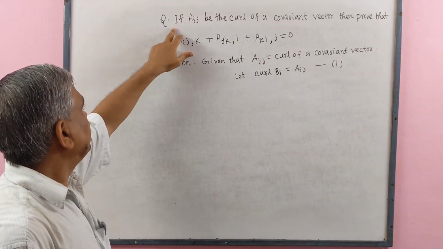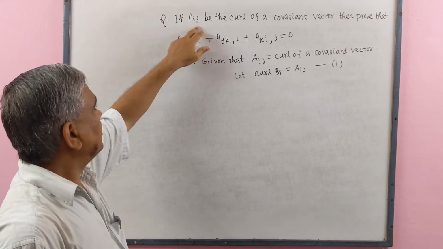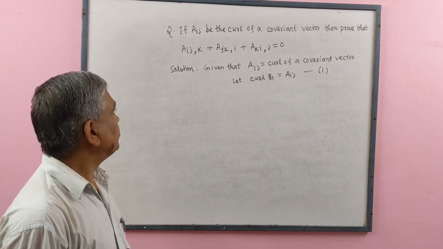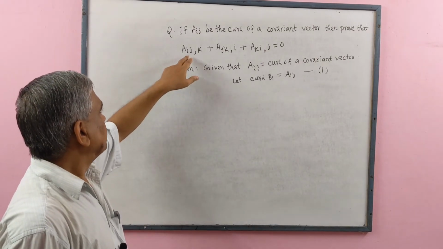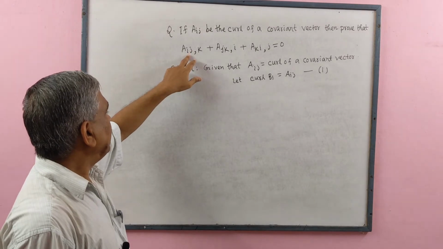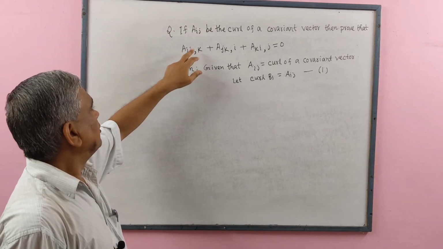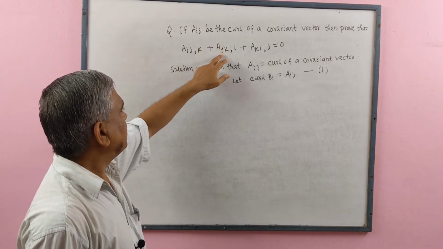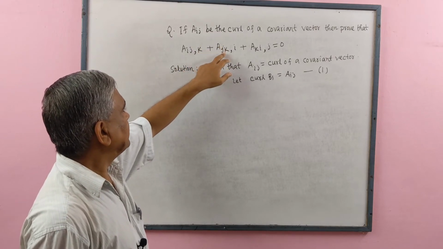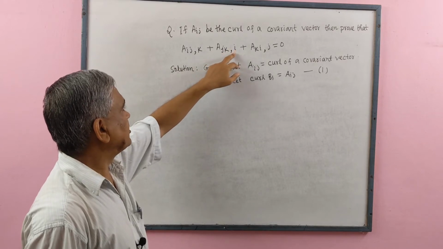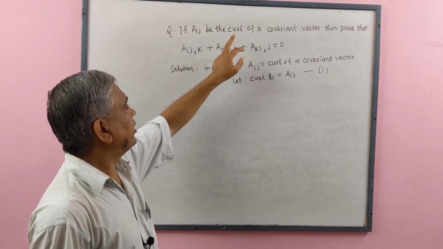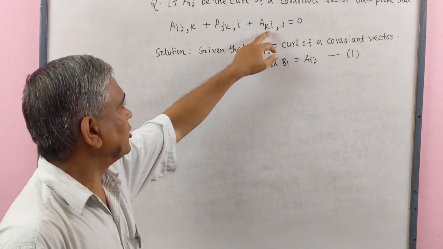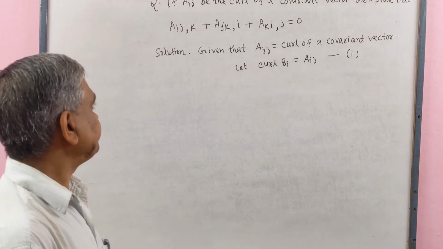Now our question is, if Aij is the curl of a covariant vector, then prove that the covariant derivative of Aij with respect to xk plus the covariant derivative of the covariant tensor Ajk with respect to xi plus the covariant derivative of the covariant tensor Aki with respect to xj equals 0.